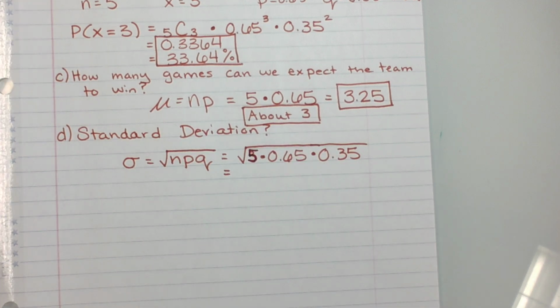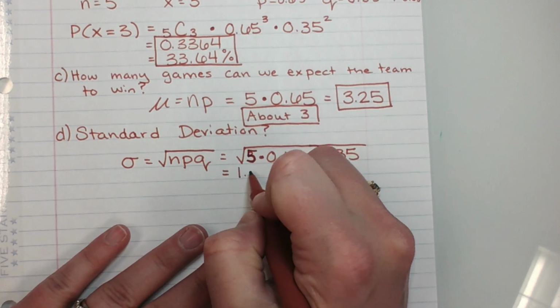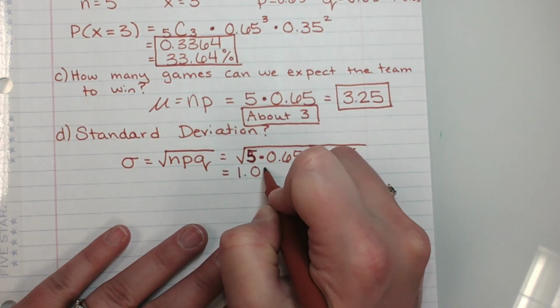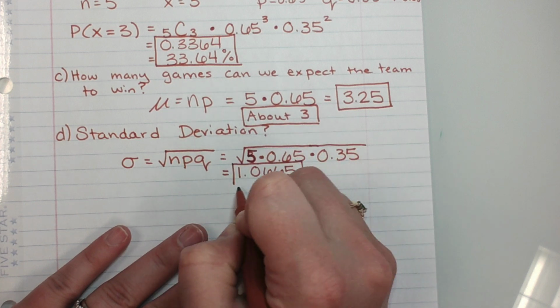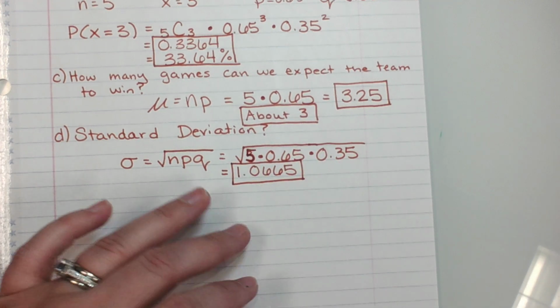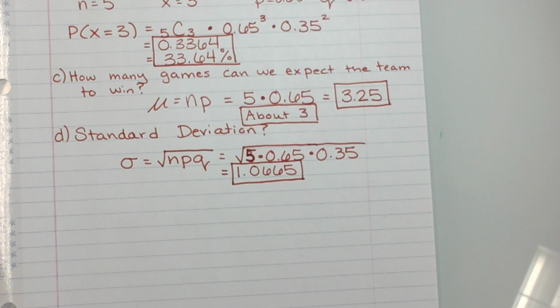Don't mind me. 1.0665. So you can expect to win about 3 games with a variation of about a game is essentially what this is going to come down to. Okay, overall, binomial, nothing too scary. Even with the second example.